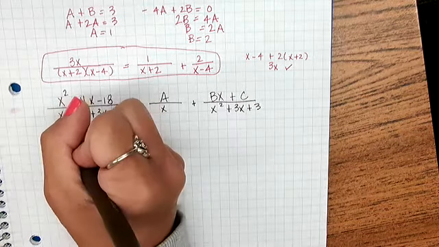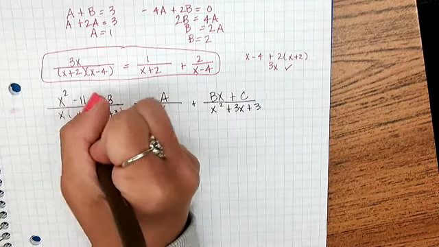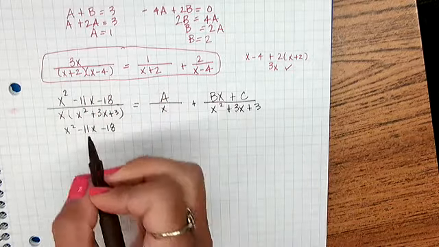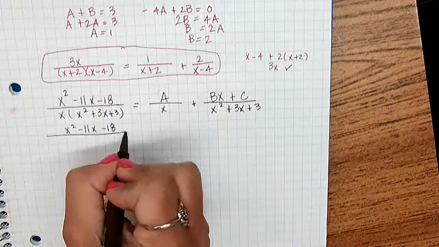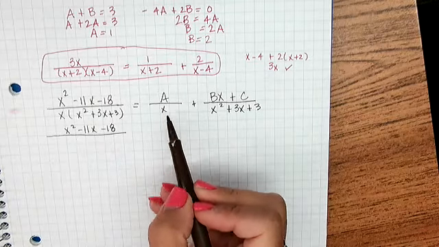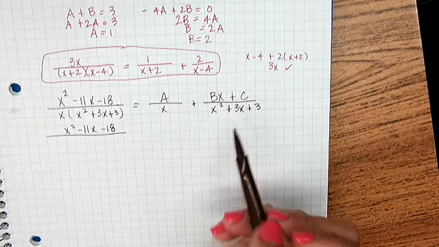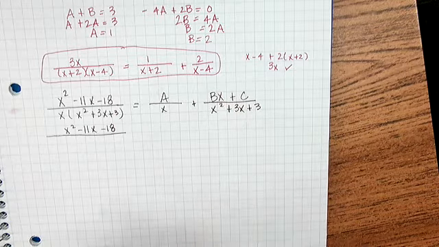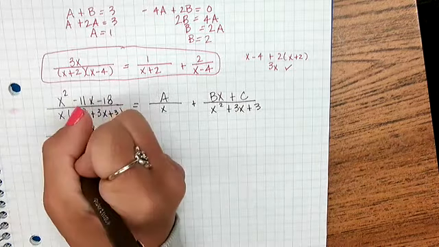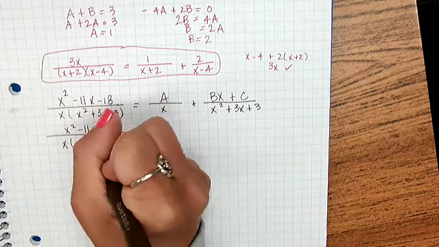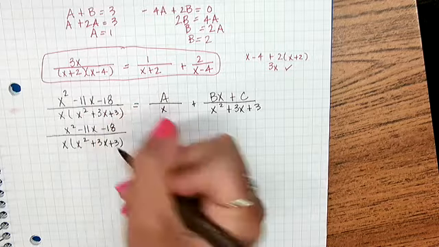So this is going to be x squared minus 11x minus 18. So this is just the generic setup of the problem. Make sure that your constant a goes with the linear, and then your linear goes with the quadratic. Over x squared plus 3x plus 3.